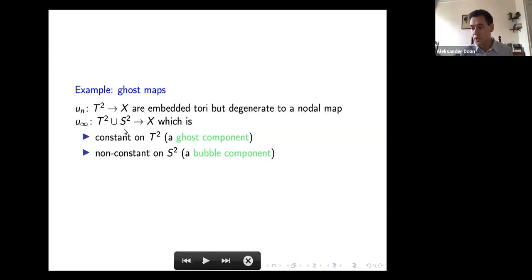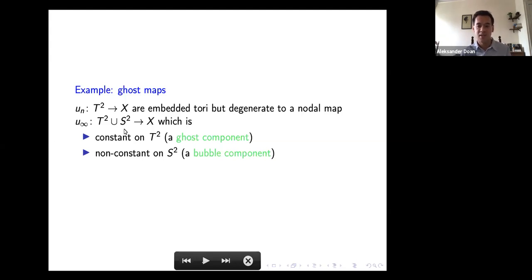So if you wanted to count curves in a homology class, you might be tempted to say that's okay, because I can still count that limiting map. But the point is that this limiting map was always there. You could always start with it. When you have one of these spheres, you have an entire family of maps like this, because you can attach the torus component anywhere and declare it constant.